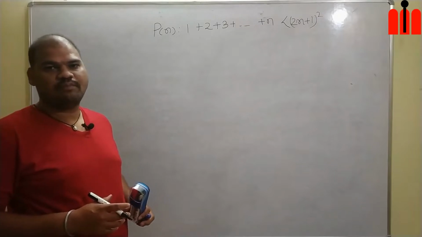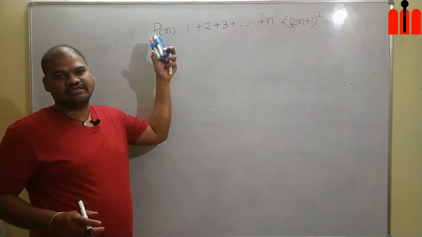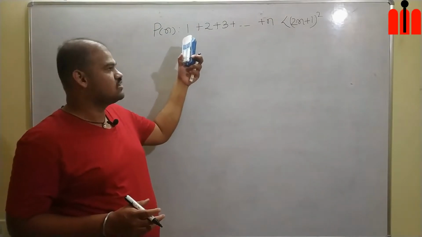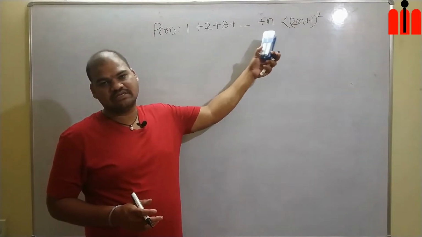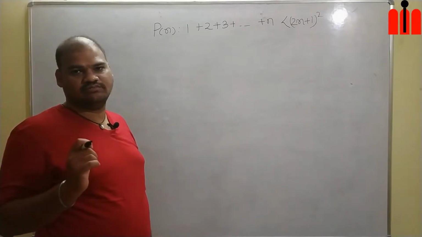My problem is a mathematical statement represented by Pn. This statement is 1 plus 2 plus 3 up to n, the sum of n natural numbers.